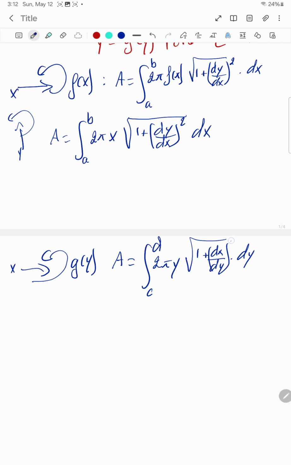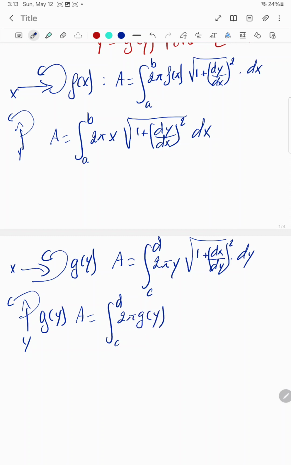And if I'm spinning g of y around the y-axis, the formula would be: the area is equal to the integral between c and d of 2 pi g of y times the square root of 1 plus dx over dy squared, times dy.